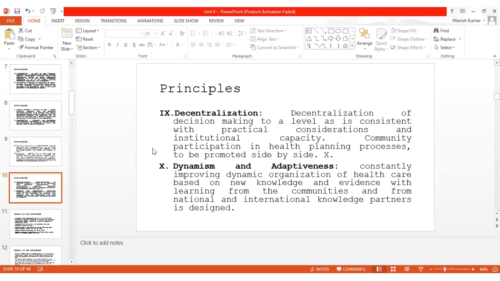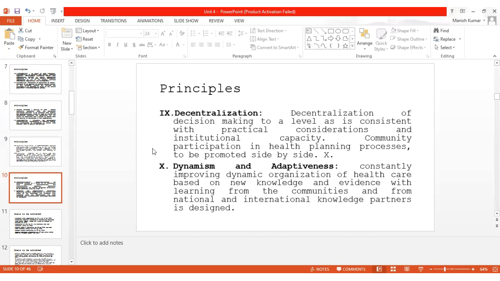This committee takes care of how the health programs will run in their community and which fund they will utilize for which things. All those decisions are taken at the local level. That's what decentralization means: the decision has to be taken by the community itself.